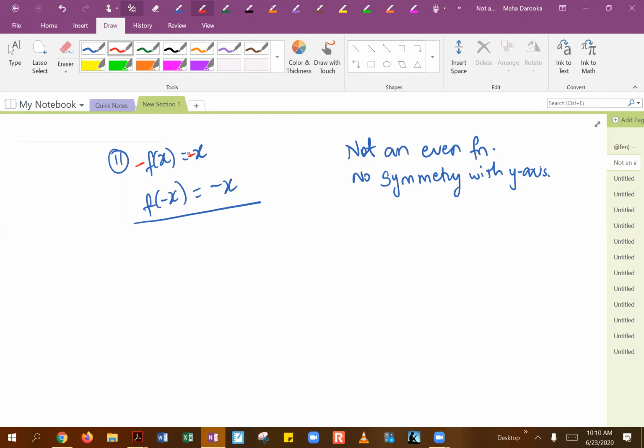Yes, we do. Because you can see we ended up getting negative x for both results once we put that negative sign in. So this is actually telling us we have an odd function. Yes, very good, Lori. We have an odd function, which means it is symmetric about the origin.